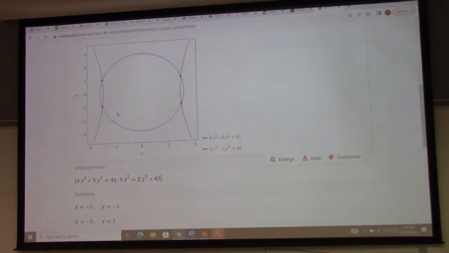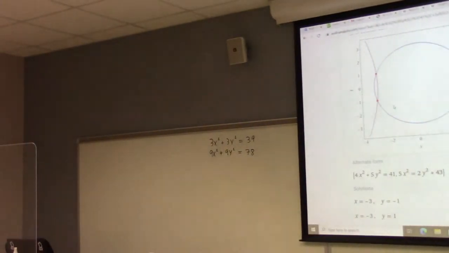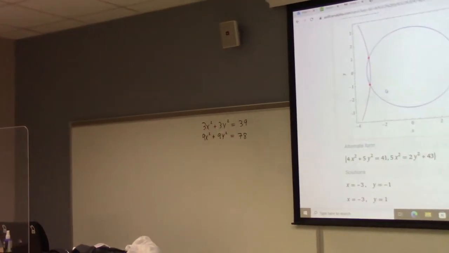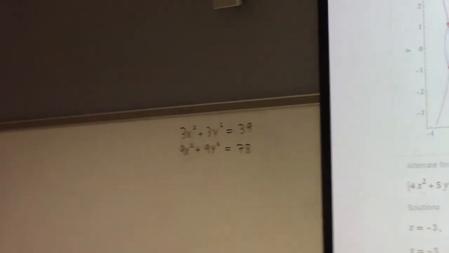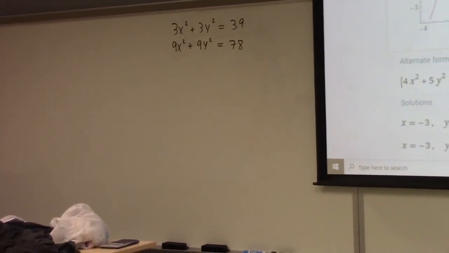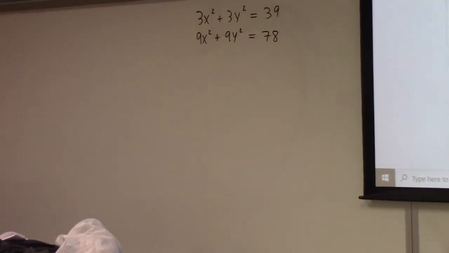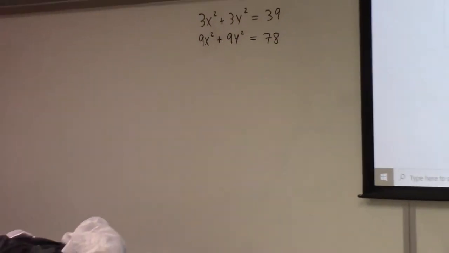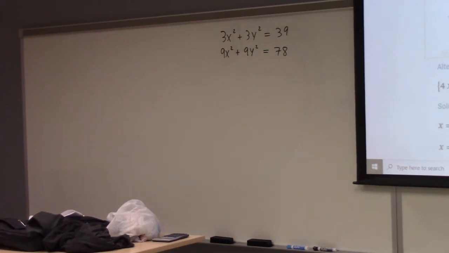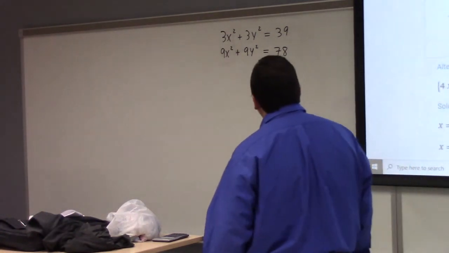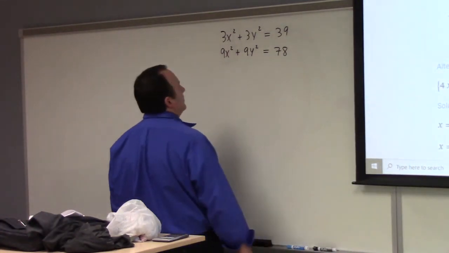So I say you could solve this geometrically. Can you guys tell me geometrically what those equations are? If you multiply the first equation by 2, it gives you the second one? Is that right? Oh, almost.